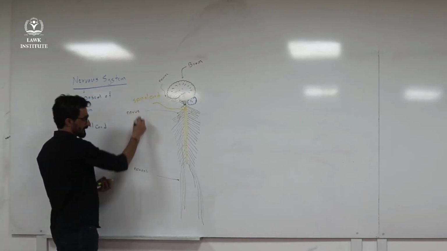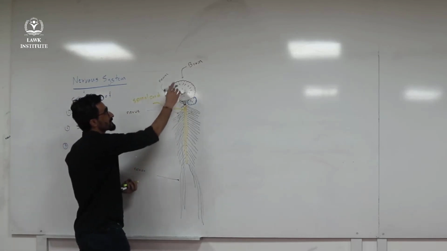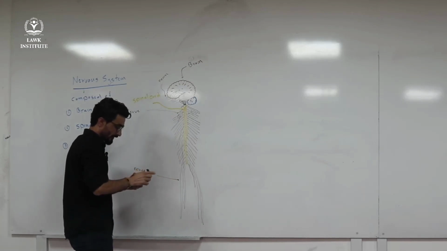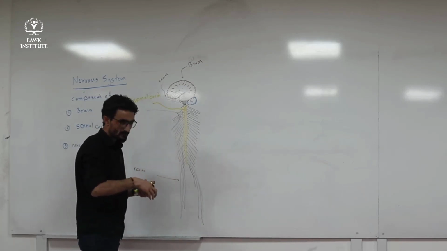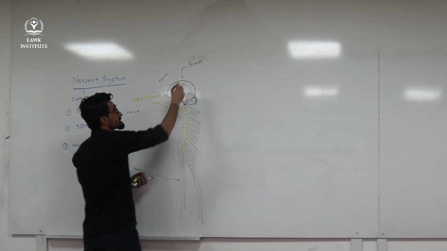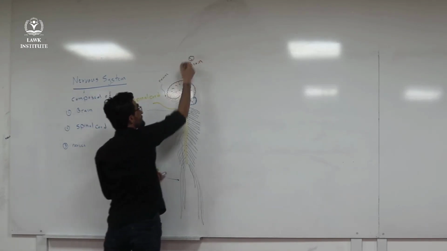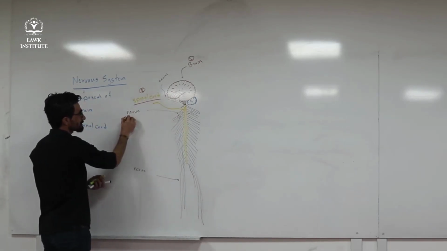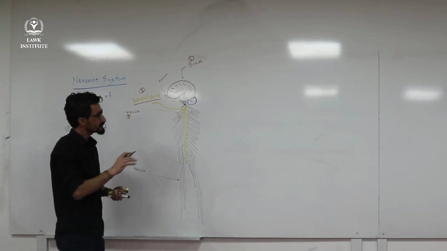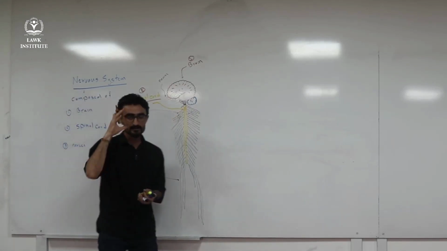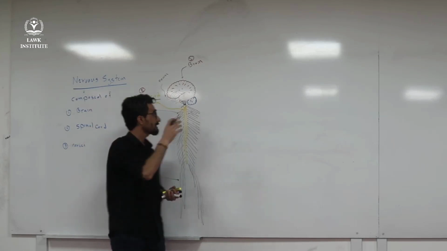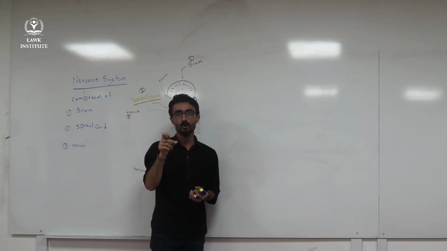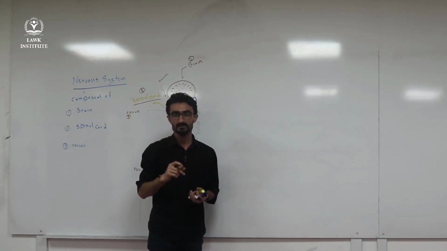So we have three main parts. Well, we have three organs of the nervous system. First of all, the brain. Second, the spinal cord. And third, we have nerves. So the brain is located inside your head, your skull, while the yellow one, which is the spinal cord, is located throughout the inside of the vertebral column.